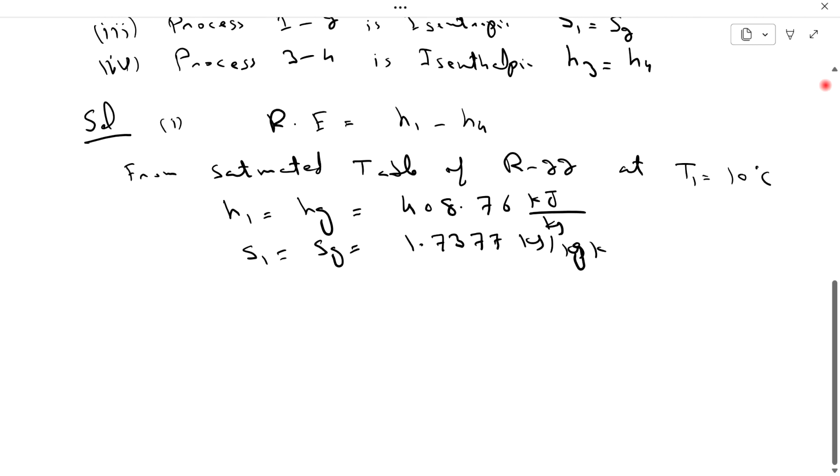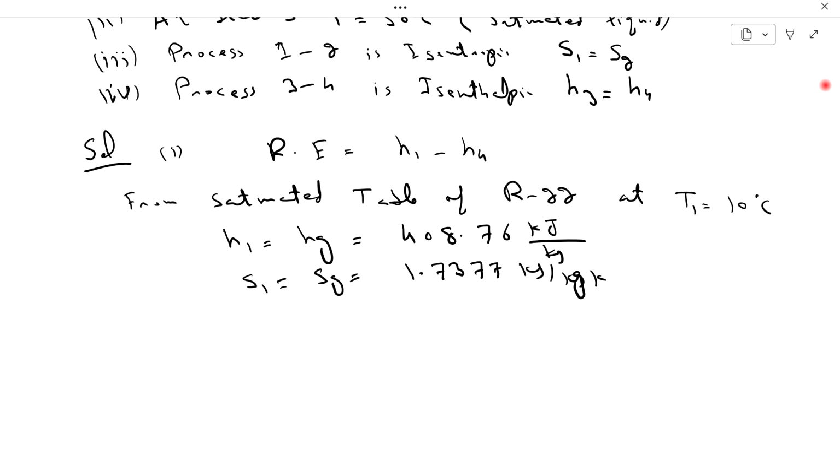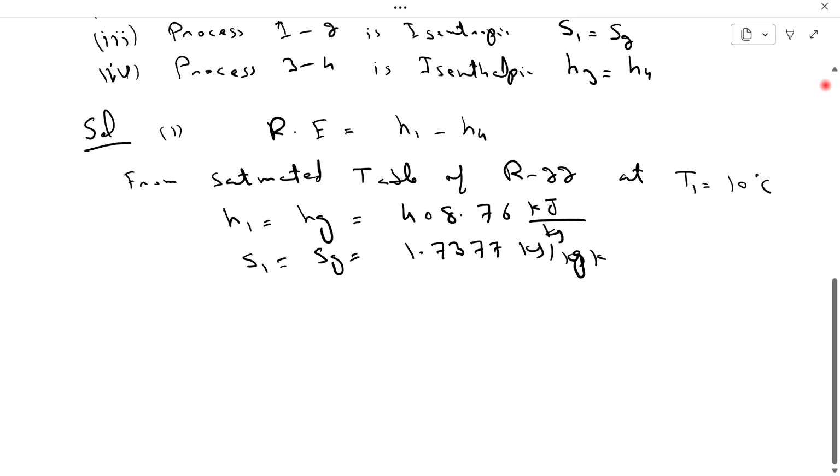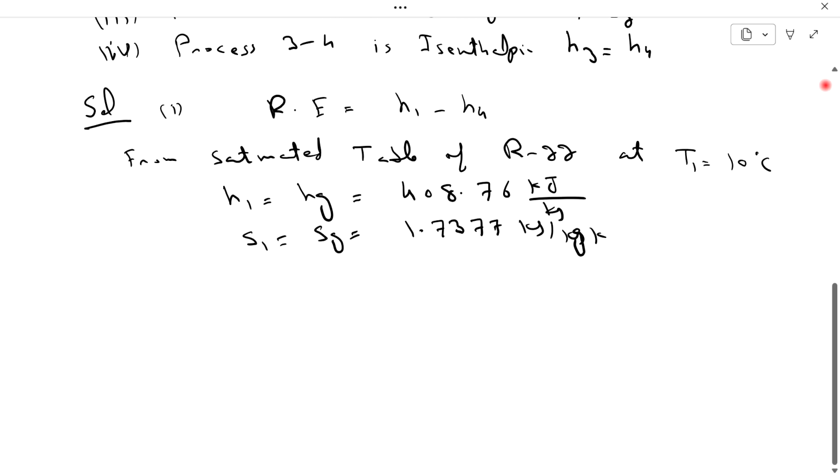For H4 we find H3, because in assumption number 4, H3 is equal to H4, an isenthalpic process. So now we find H3.